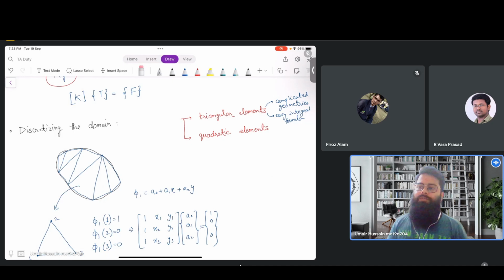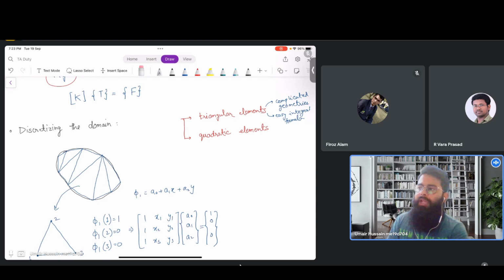So that is one major issue with triangular elements. So quadratic elements would give you somewhat better results, you can say, when you are calculating further order variables. I mean, for the derivative of the variable.